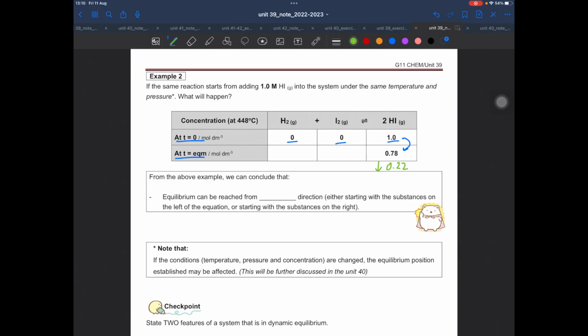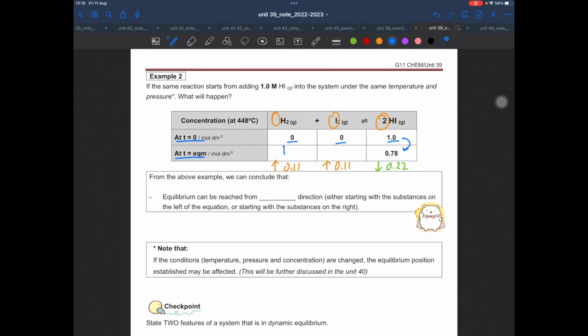According to the mole ratio, if HI is dropped by 0.22, these two of course increase, right? So what is the amount of increase? Be careful with your mole ratio. Yes, this will increase to 0.11, right?